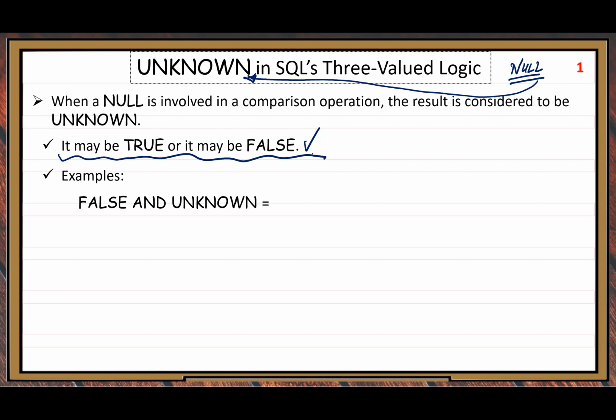Think about the product operation. False corresponds to 0, true corresponds to 1. 0 times 1 is 0, so that's false. So false and true, you get false.